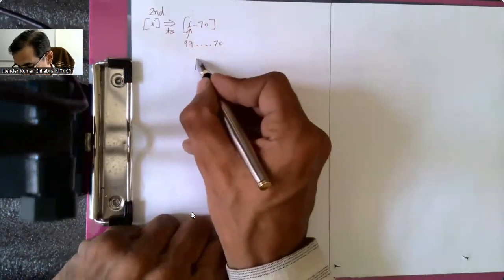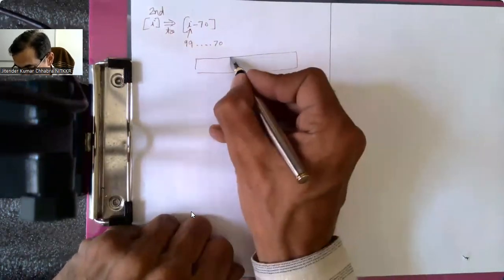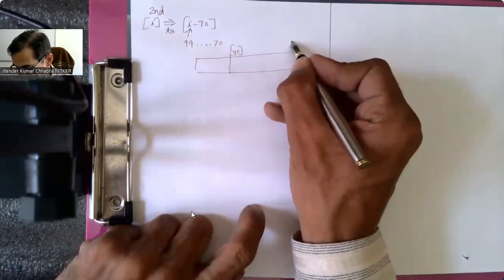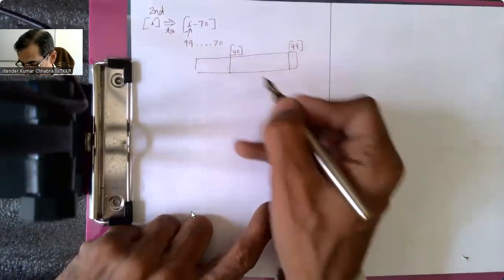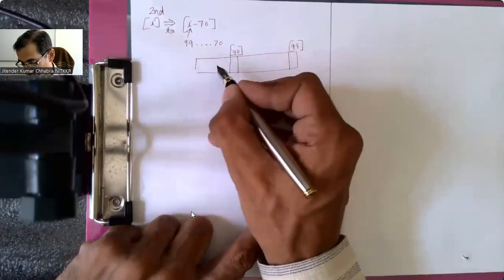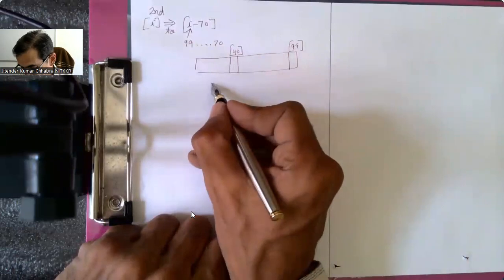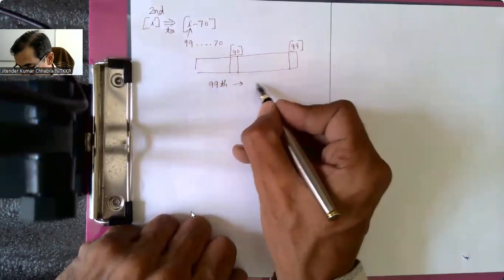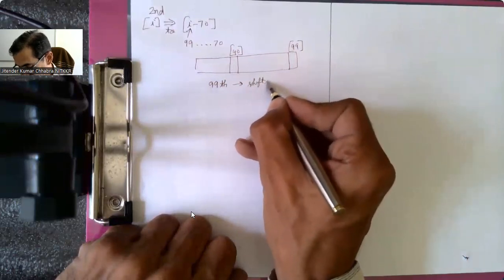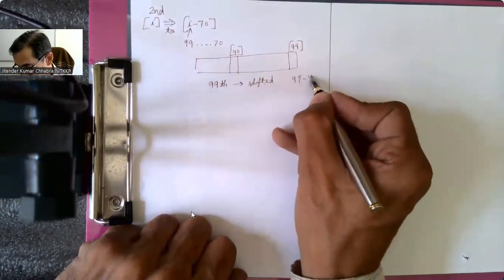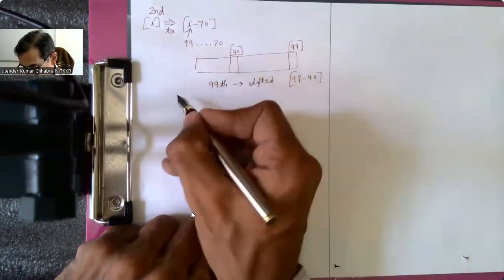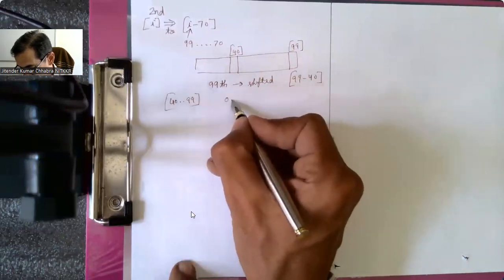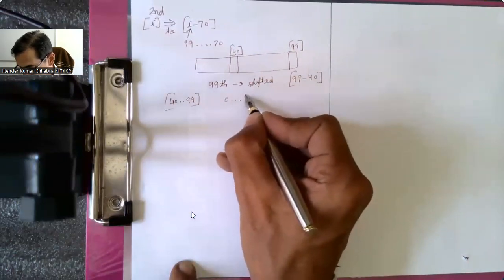But just imagine if the data was filled from 40 to 99. It is full. Now that means minus 40 is to be done. So if you say the 99th element is to be shifted or copied to address 99 minus 40, because elements of 40 to 99 will ultimately go to 0 to 59.